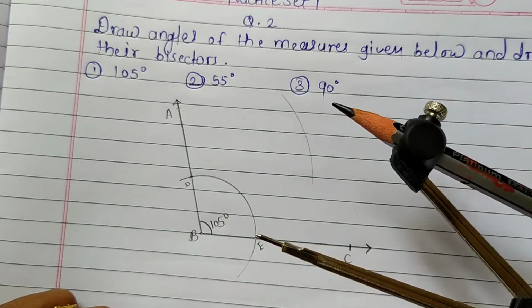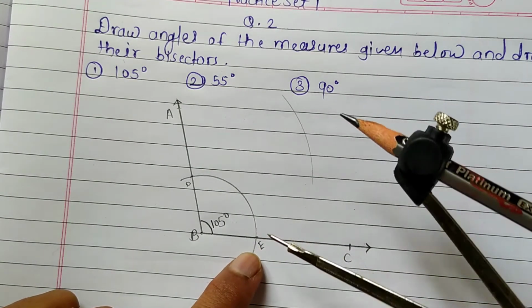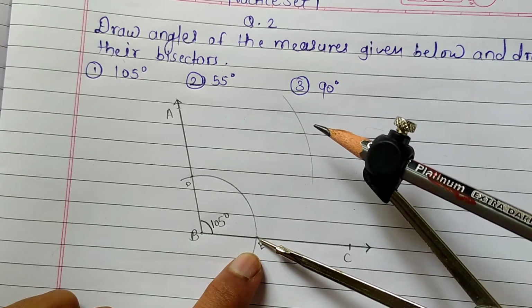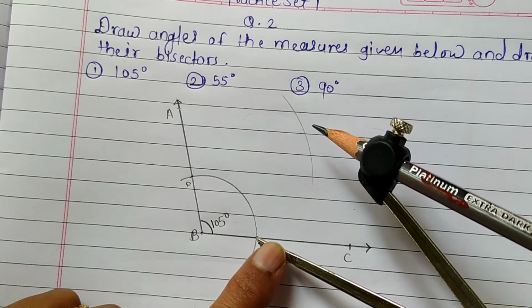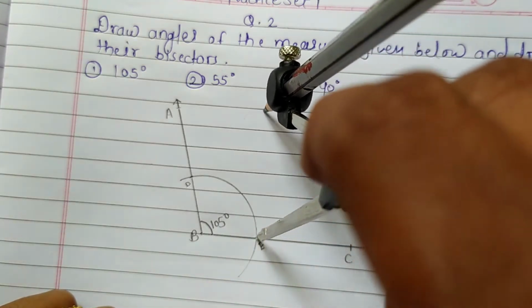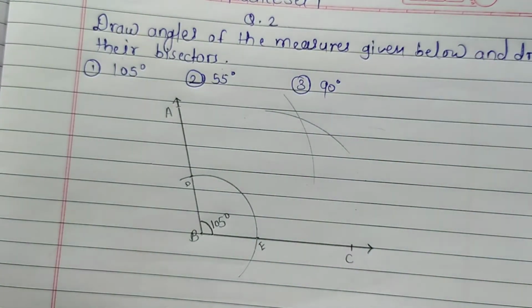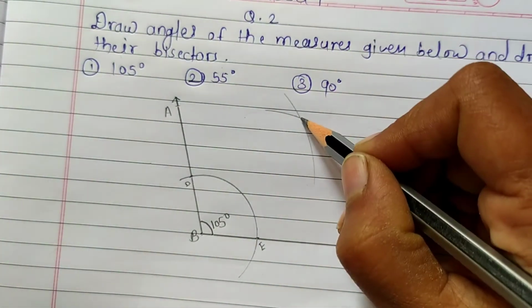Now take the same distance and do the activity from point E. Let's intersect this arc. Here we get one more point.